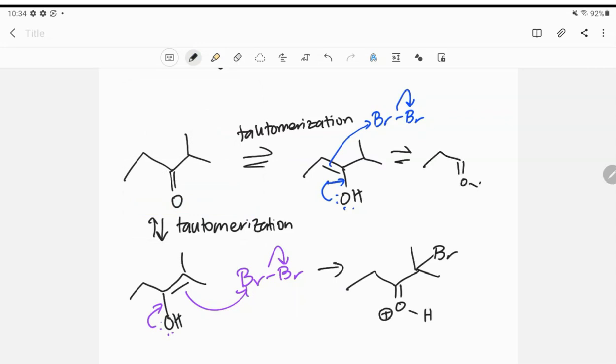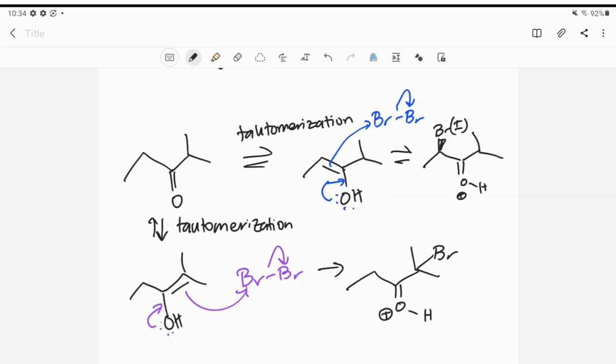Go ahead. Both. Well, it's not a chiral center on the bottom molecule, but this one would be plus minus here. Because an alkene, remember, is sp2. It can attack the bromine from the top or the bottom. So in this case, you'd get a racemic mixture.